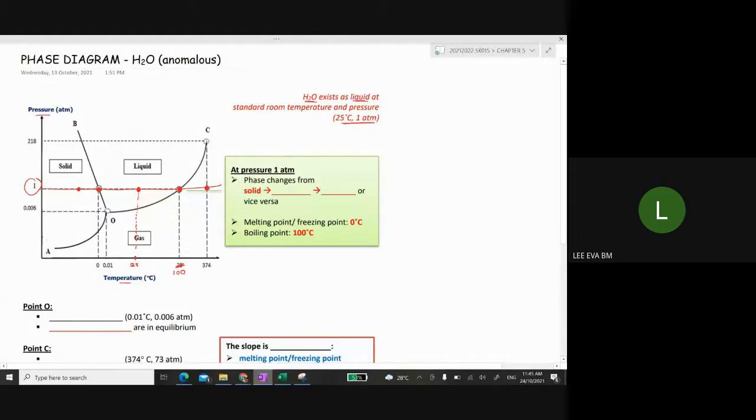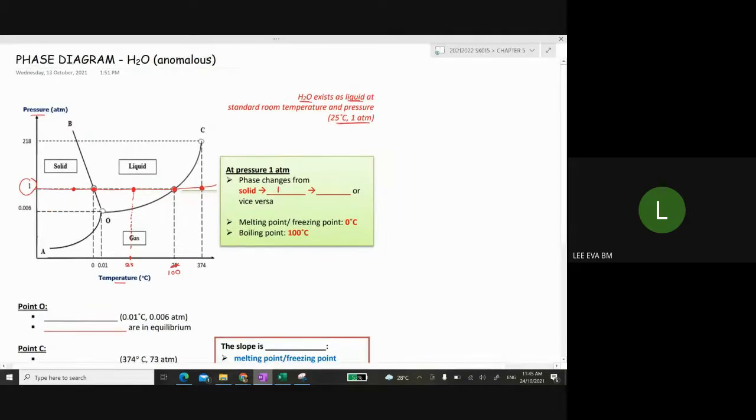So at 1 atm, you can change your phase from solid into liquid, into gas or vapor, or vice versa, depending on whether your temperature increases or decreases.